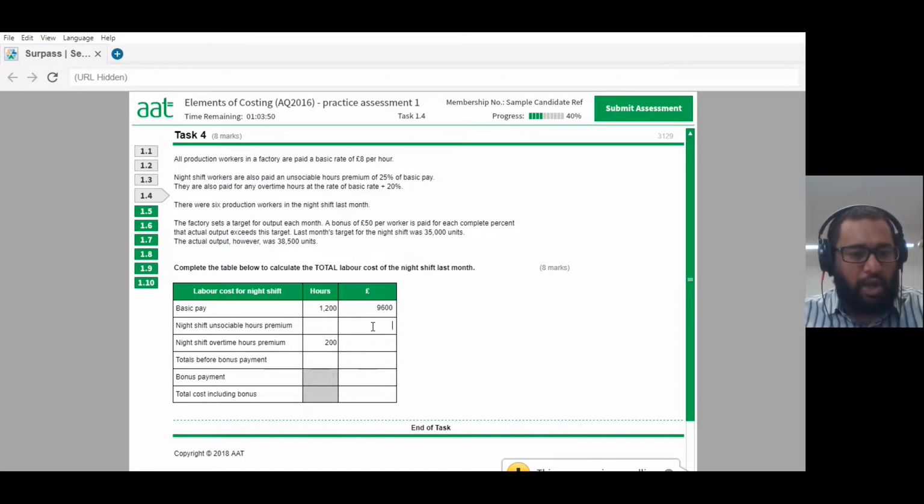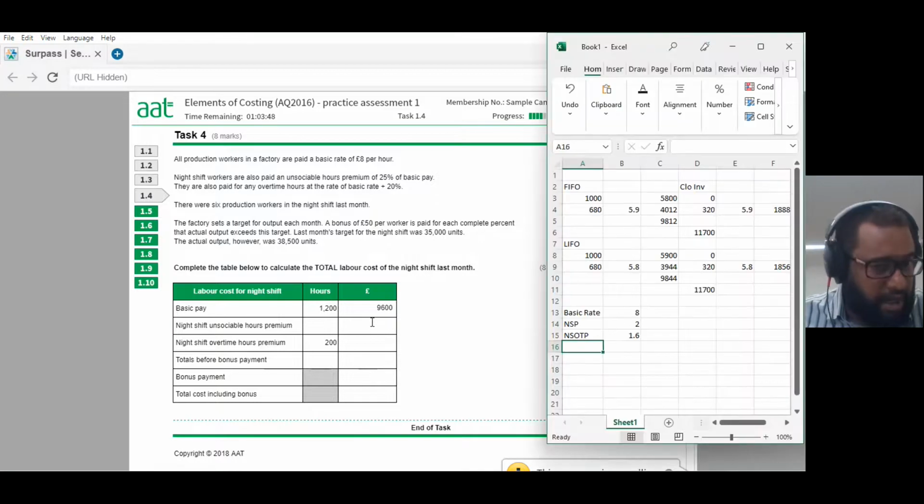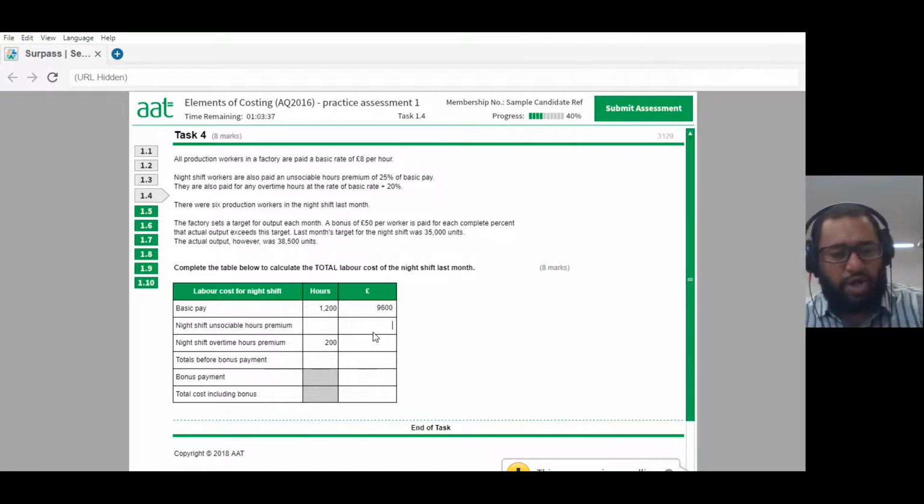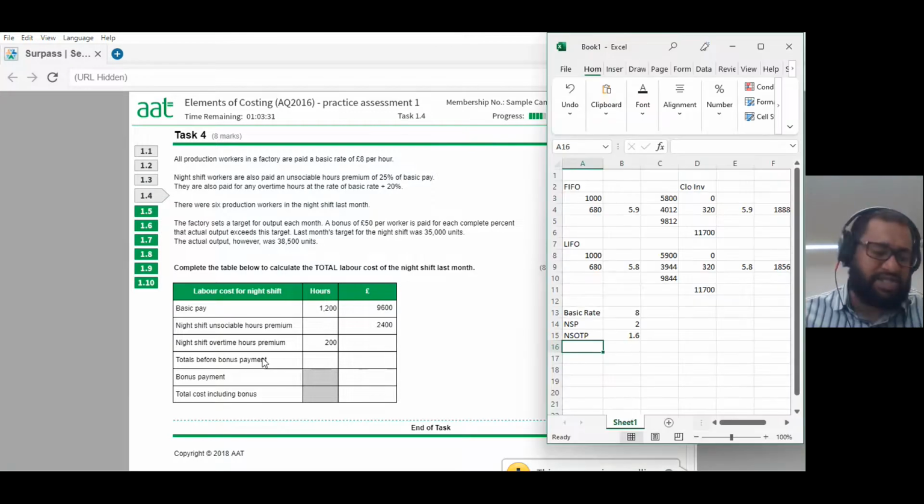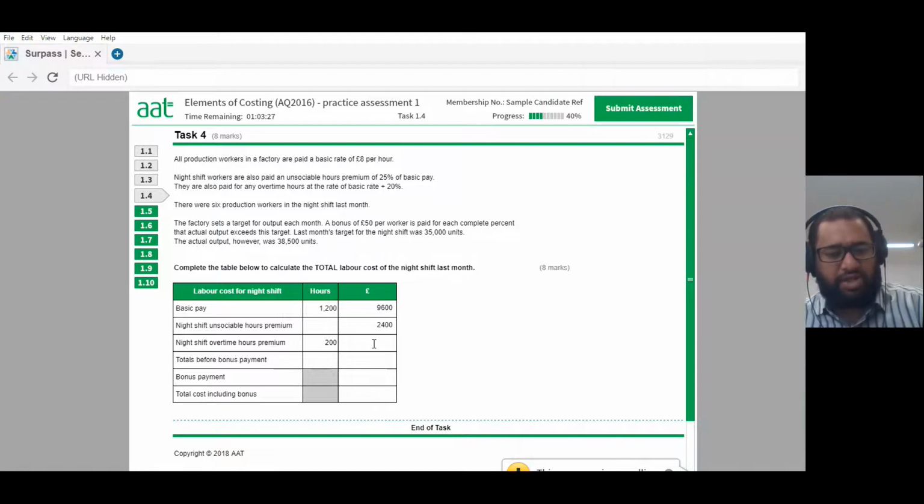And for the nighttime unsociable hours premium, the hours they have done is 1,200, and the premium is £2 per hour. So 2 multiplied by that is going to be 2,400 there. And the overtime premium is £1.60 multiplied by 200. It's going to give you £320.